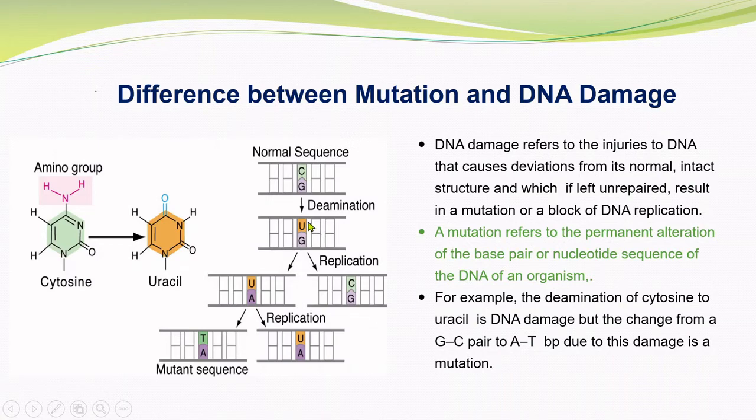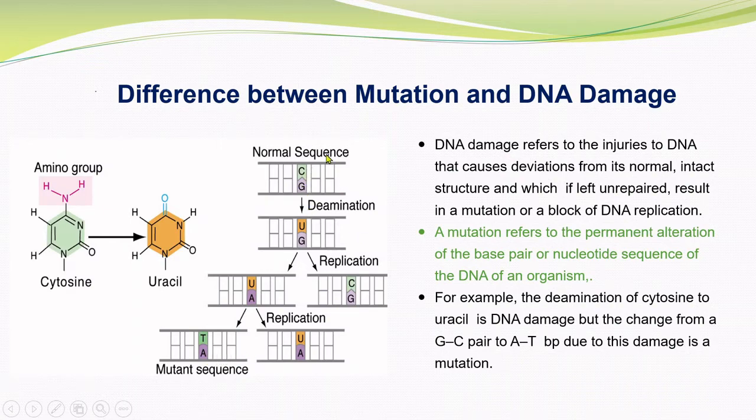Moreover, during replication, this uracil will base pair with adenine. And in the next cycle of replication, adenine will base pair with thymine. And you see, now this is the AT base pair and this was the GC base pair.